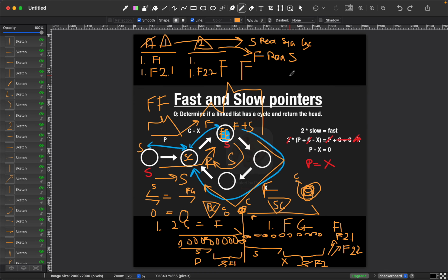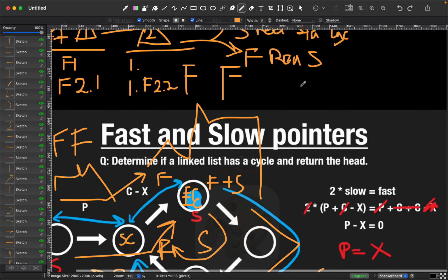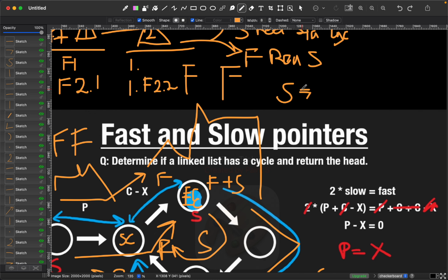So at the end of the day, when does S have some sort of interaction with F?